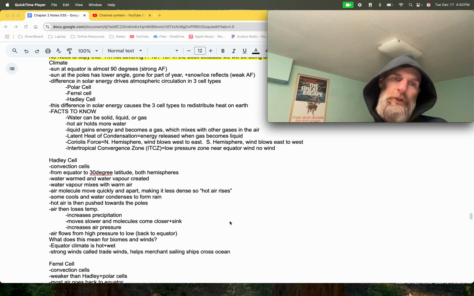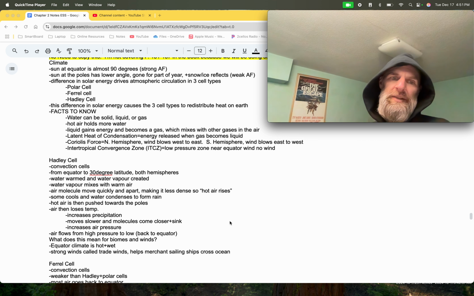Hot air is then pushed towards the poles, so it just goes northwards. Air then loses temperature. It increases precipitation, moves slower, and the molecules come closer, plus sink. This increases air pressure. So, yep. Air flows from high pressure to low pressure back to the equator. So it's like that cycle.